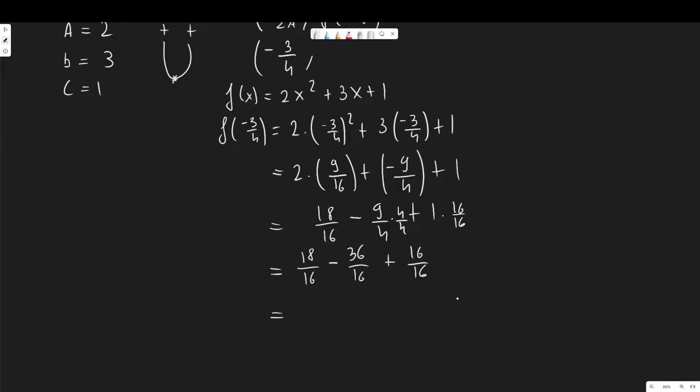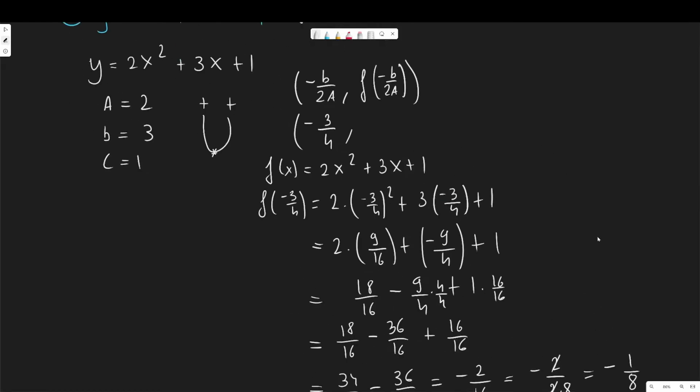So 14 plus 20 is 34 over 16, and we will rewrite 36 over 16. So now 34 over 16 minus 36 over 16 will be negative 2 over 16. And we know that 16 can be rewritten as 2 times 8, so the 2's will cancel out and we are left with negative 1 over 8 for our y coordinate.